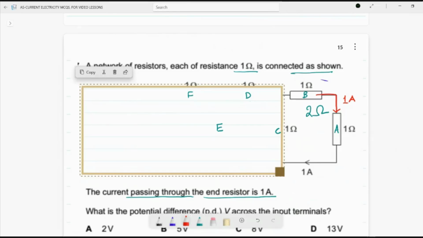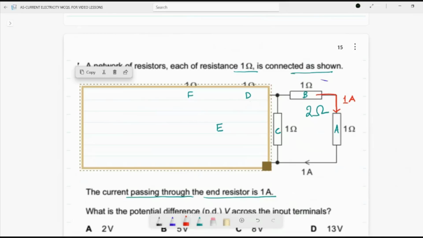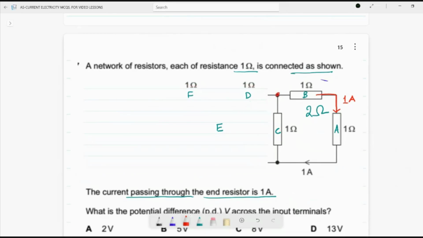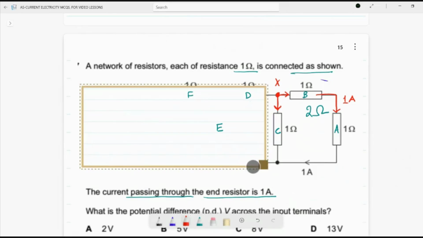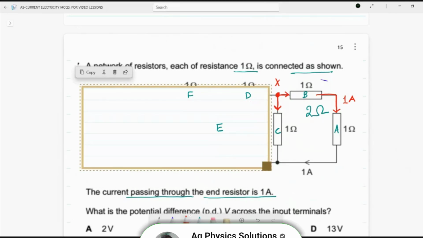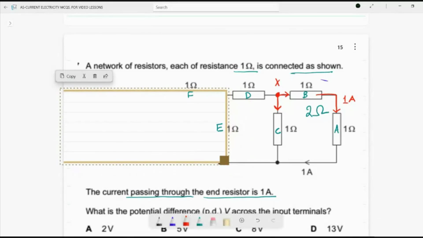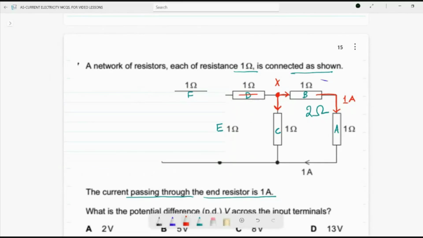Now, let's reveal the further resistors. Now there is resistor C. This resistor is in parallel with this. It means at this point, let's call it junction X, the current is divided into two parts, here and here. And this current is coming from this resistor D. Here I'm going to explain that from D some current is coming.